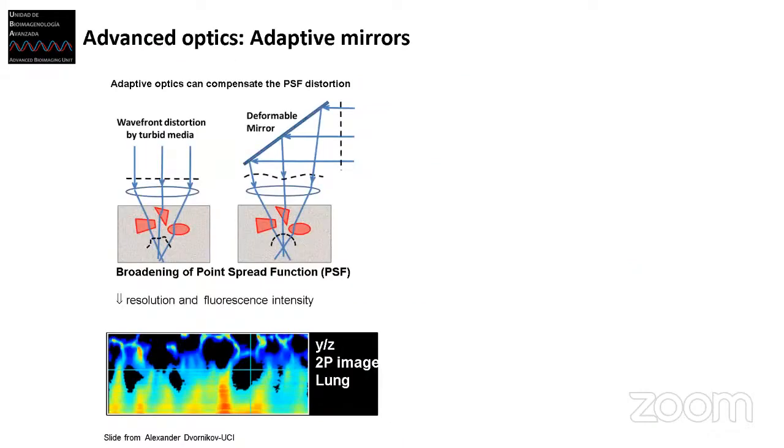And finally, I want to cover a couple of new things that are important because they are attracting more and more interest in the community for deep tissue imaging, which is adaptive mirrors or adaptive optics. And this is a problem that we have even in two-photon excitation. When we have light focused with a lens, and the light gets into the sample, if the sample has changes in refraction, different composition, etc., the photons that came from this place or from this other place will have different paths.